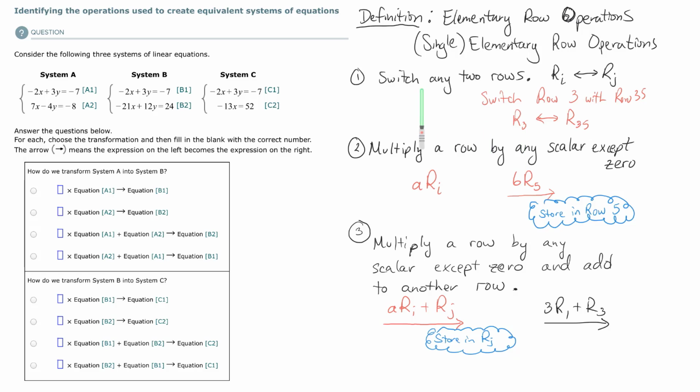If I needed to do row operation 2 here, I only could do this one, and I can't do 1 or 3. If I needed elementary row operation 3 here, I can only do this one, and it has nothing to do with row operation 1 and nothing to do with 2. So keep in mind that 3 is not related to 2, and 2 is not related to 3. These are by definition the 3 single elementary row operations.